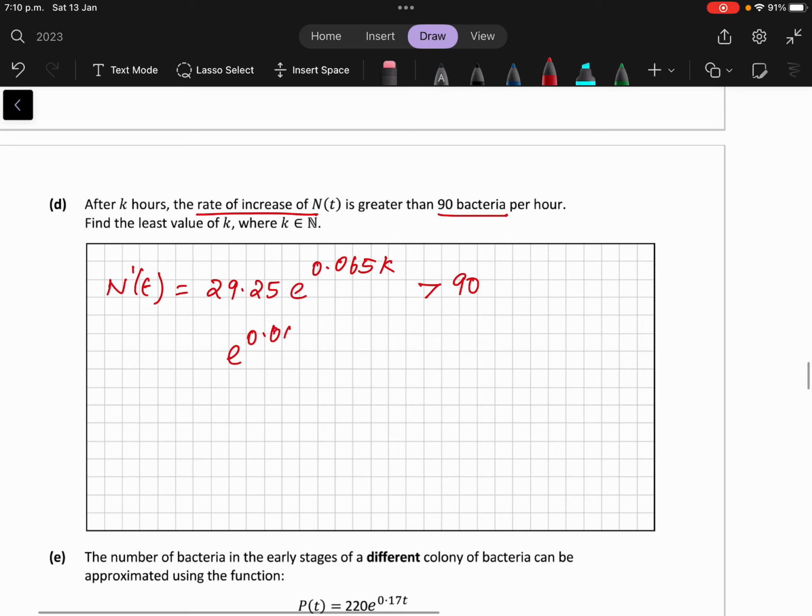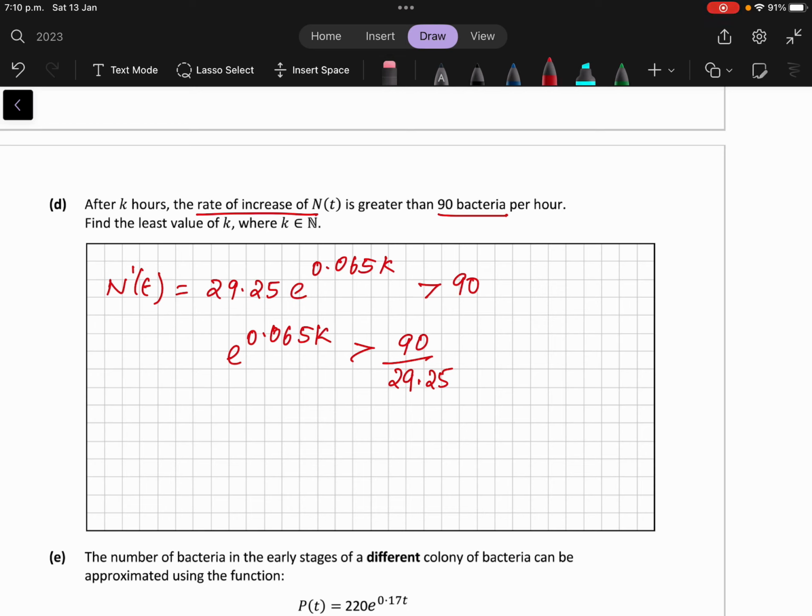So e to the power of 0.065k is greater than 90 over 29.25. You need not calculate it here.